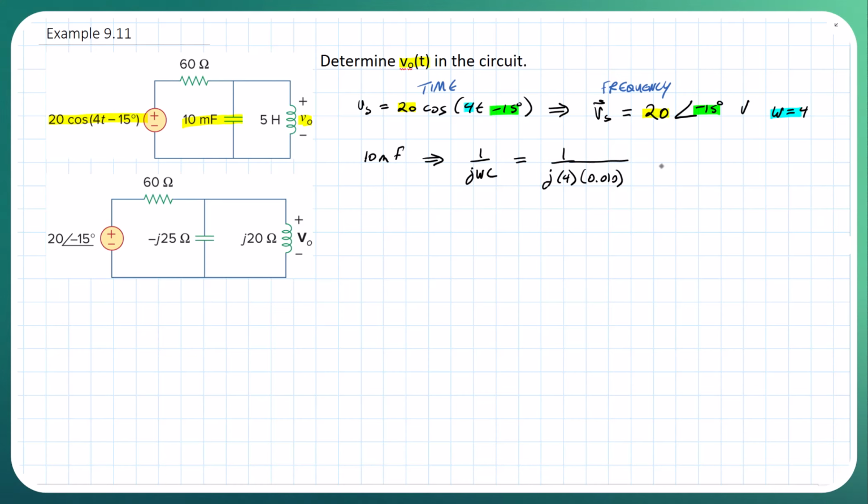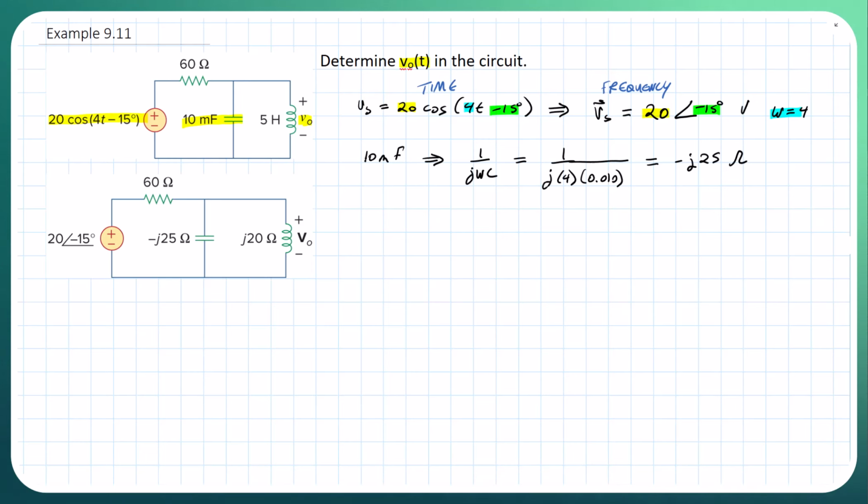We do the math, flip the j, and then we get minus j25 ohms. So that's our capacitor there.